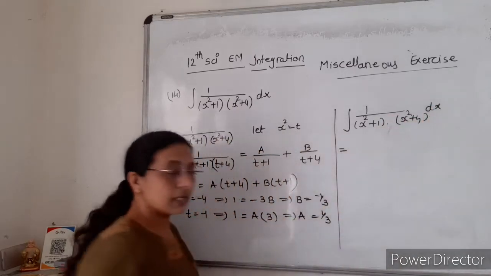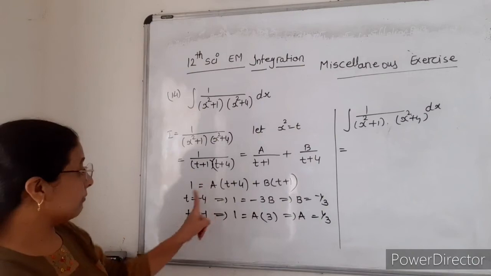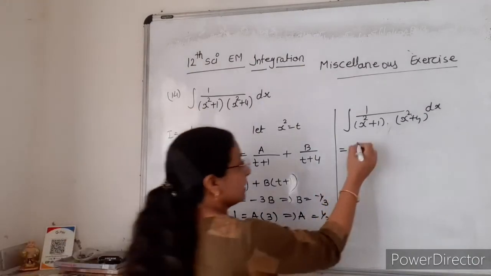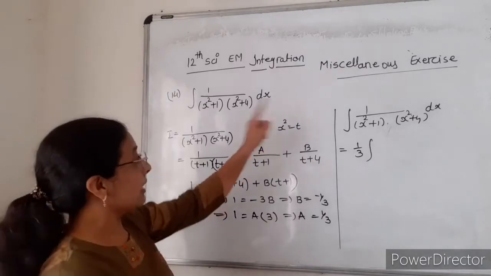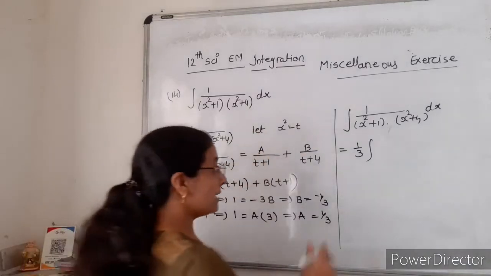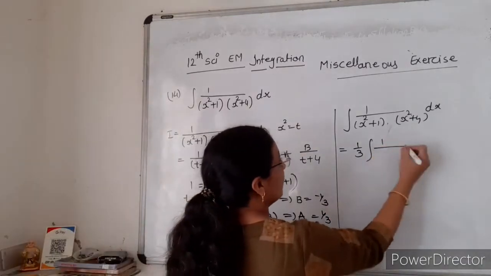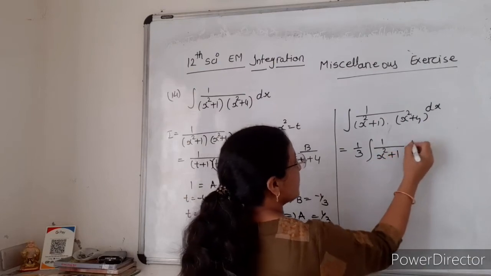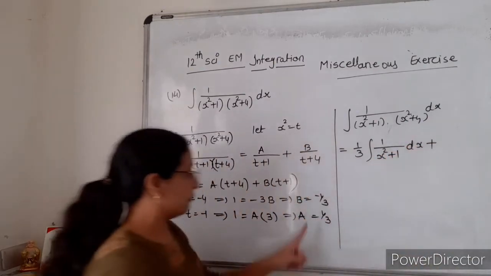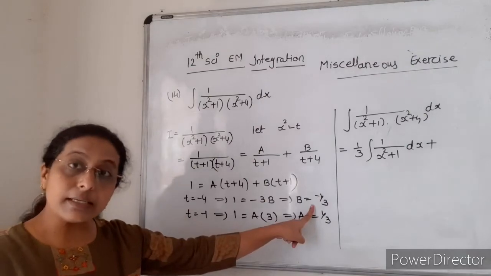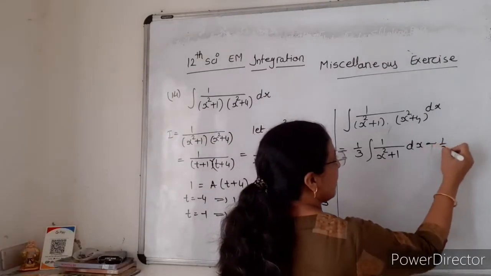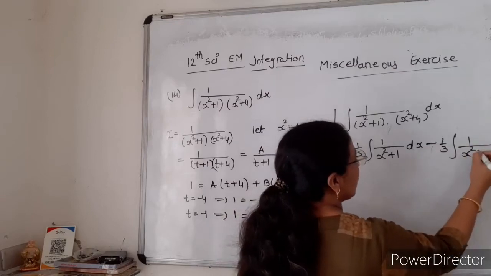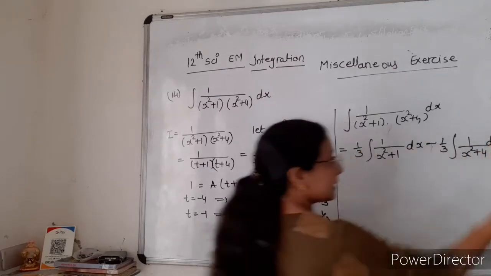dx is equal to, now when a is equal to 1 by 3, when we take the integration, we will take again x square only. So that is 1 by 3, integration of 1 upon x square plus 1 dx, plus, what is b? It is minus 1 by 3. So we will take minus 1 by 3, integration of 1 upon x square plus 4 dx.